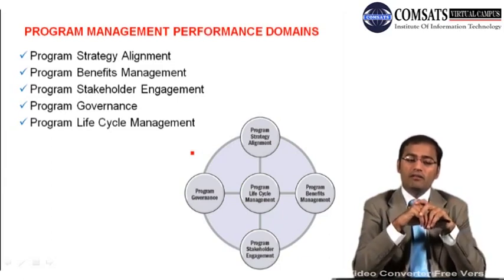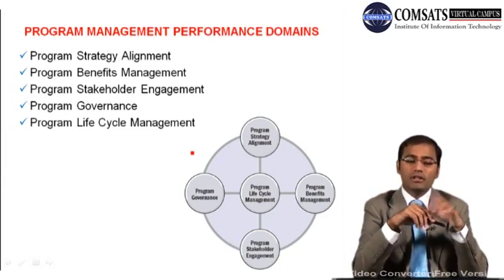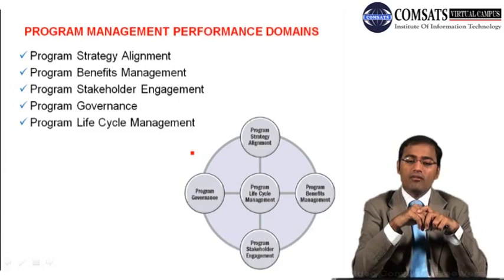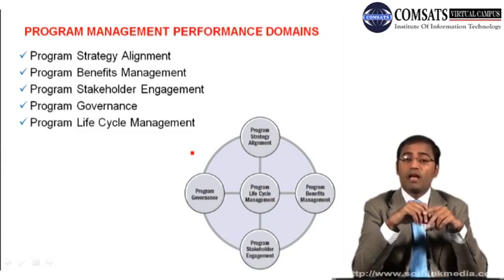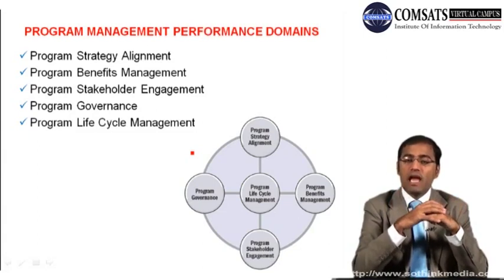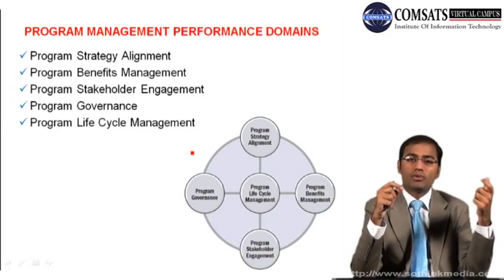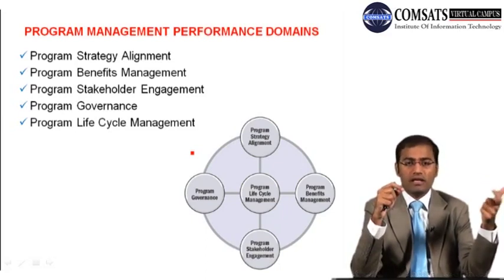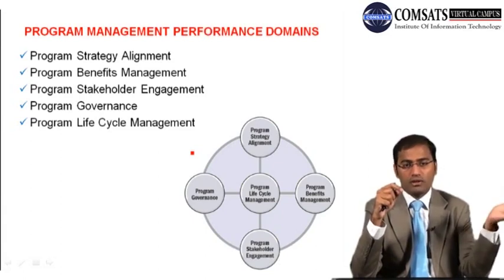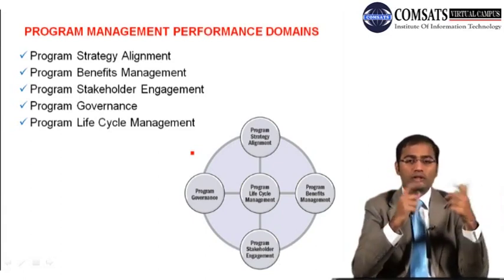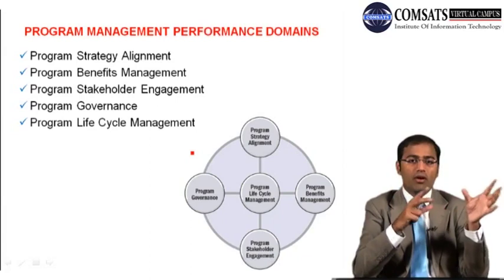And then the fourth domain of program management is program governance. As we talked earlier, if we are managing a project, the project manager is leading the team, and then the project management team is there, and then the project team is actually working the job, and the project manager is the one dealing with all the stuff.